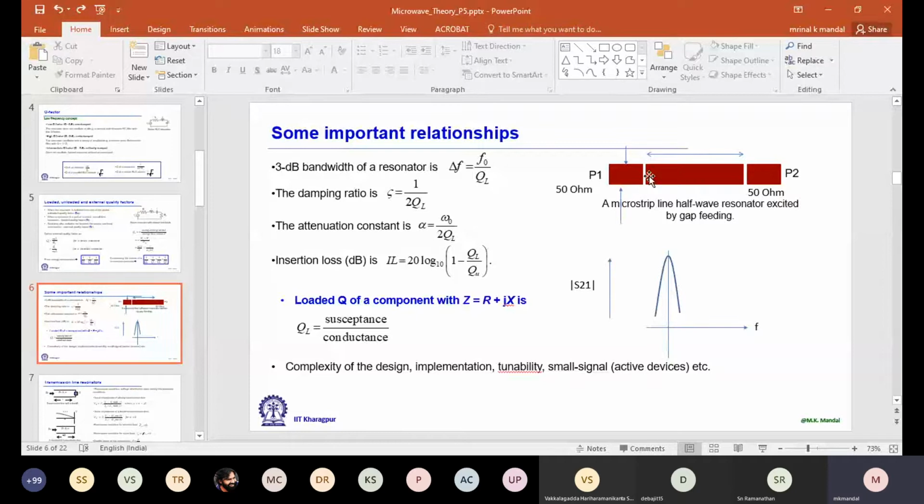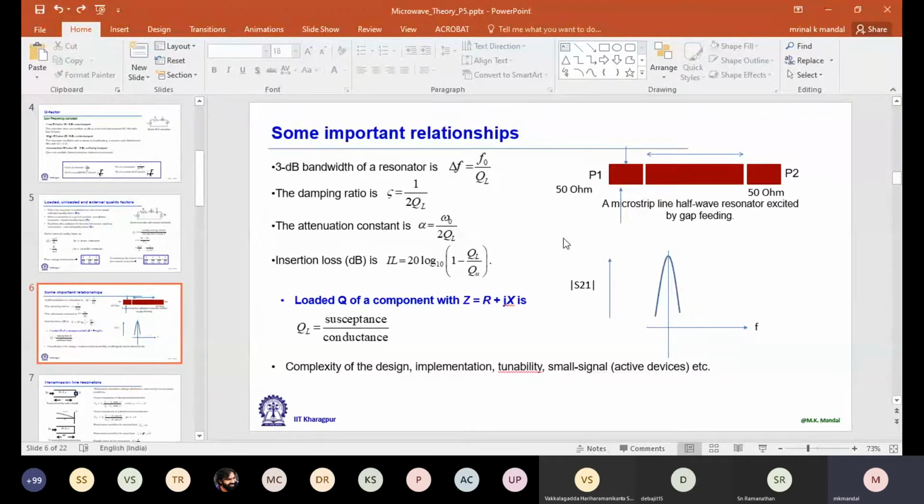you see this gap, it determines the coupling. You can see a small gap between the left hand 50 ohm line and the resonator, same on the right hand side, between the 50 ohm line and the resonator. So this gap determines the coupling, that means how much power is lost into your port or external circuit.